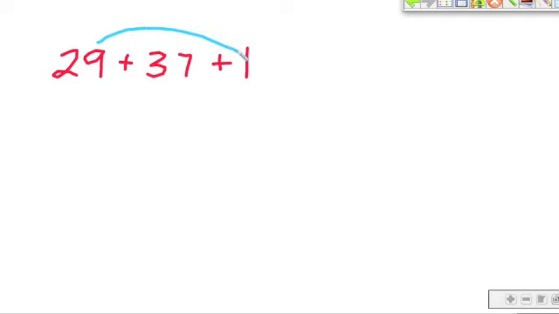I'm going to add 29 and 1 together, which I know will give me 30. And then I'm going to do 30 plus 37. Adding those two together would give me 67. This might become a little faster way to do your math rather than having to add these together and then just add the 1. You find a pattern: if I did 30 plus 37, well, 3 and 3 is 6. It makes it a little faster for you and you can move on a little faster.